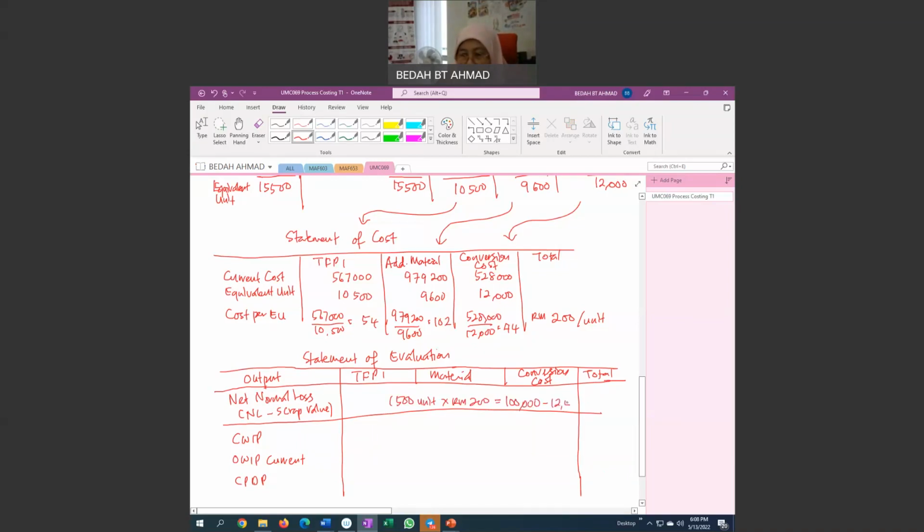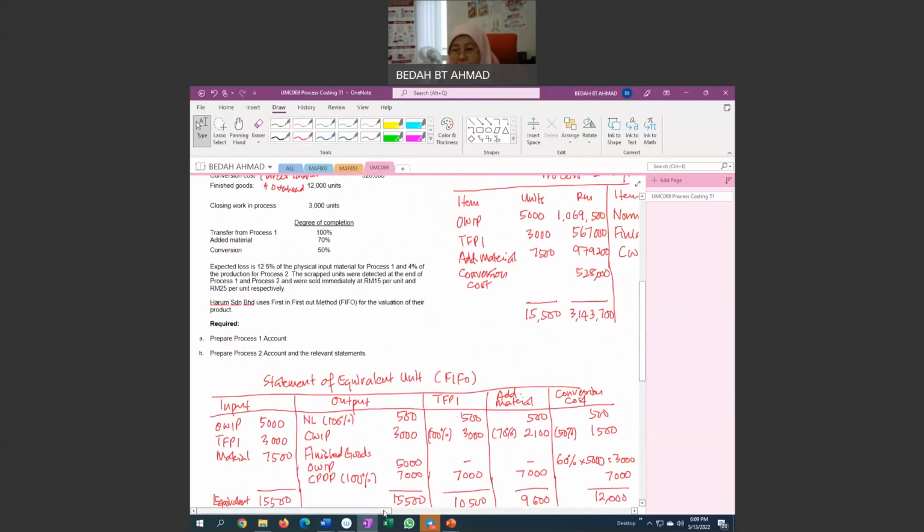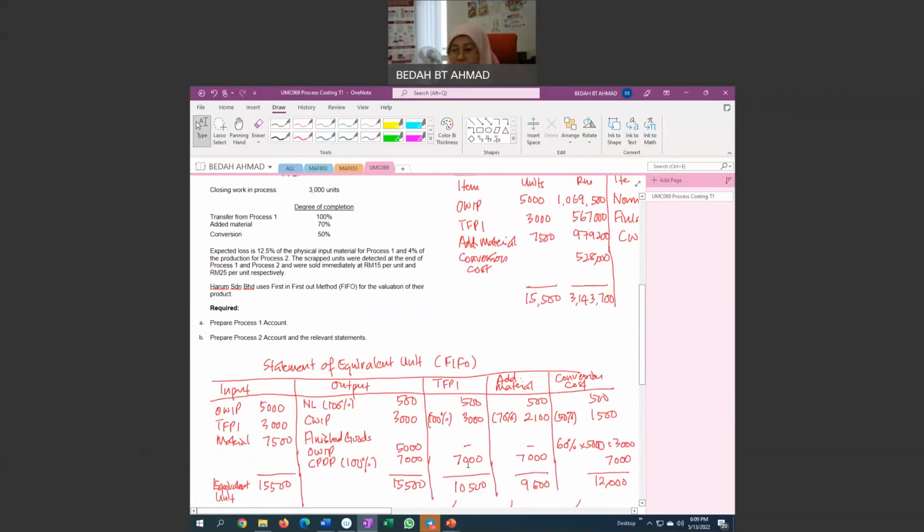Don't forget the scrap value of 12,500, which we may get from the process 2 account.